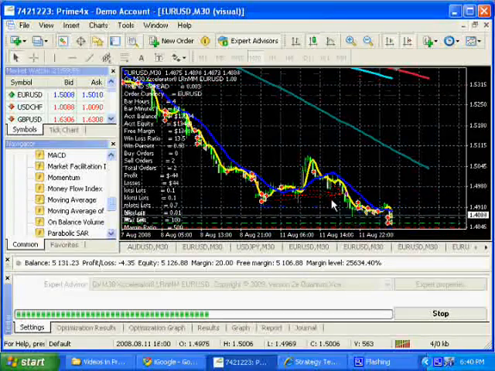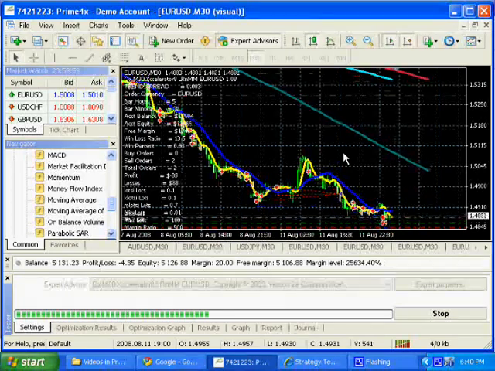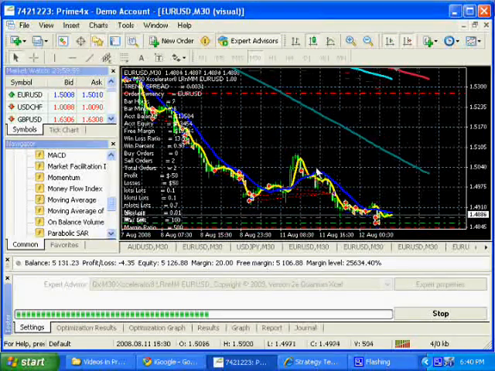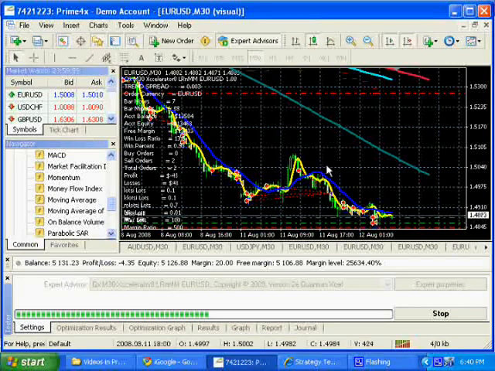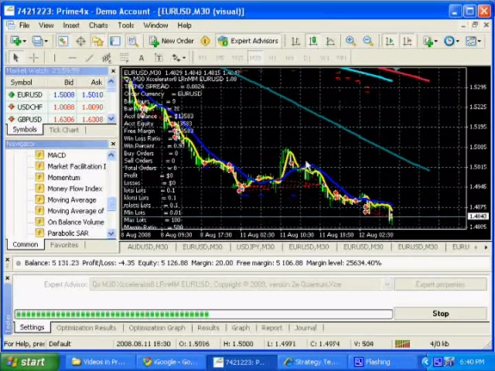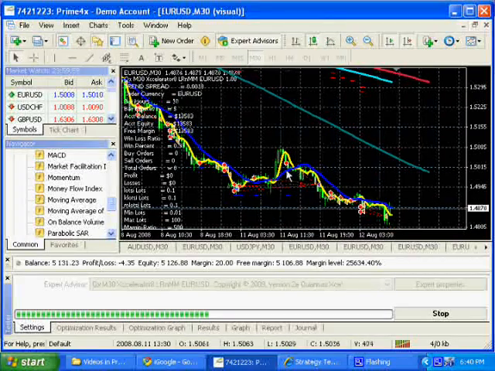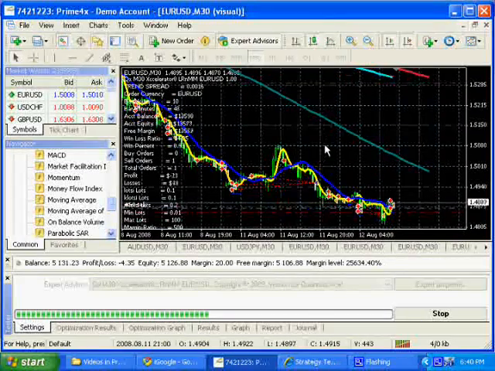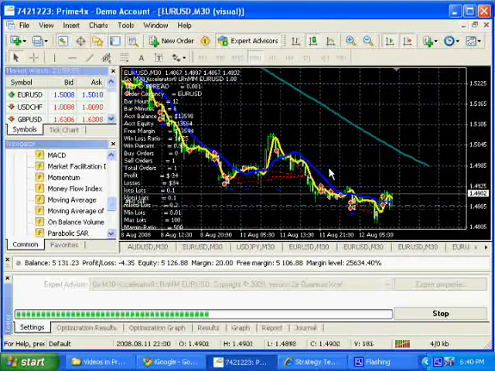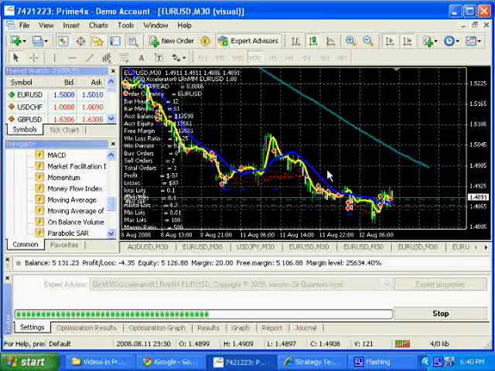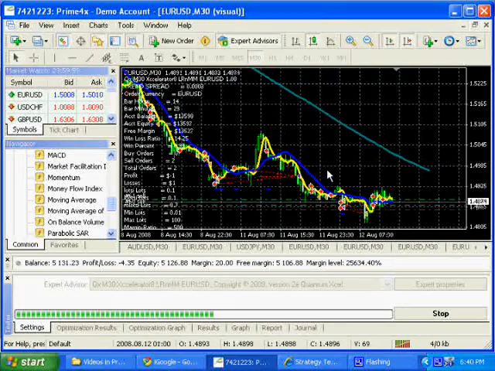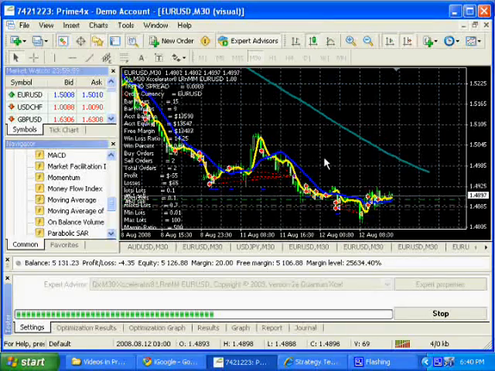In this case, the batch profit's set about $500. We could reduce that if we wanted to be safer about this. We could reduce it down to $50. At that point, this expert would close orders right around here. It's kind of a protective issue there. In this case, we're making some money on that. It's a little higher risk, but we're showing you the potential here.